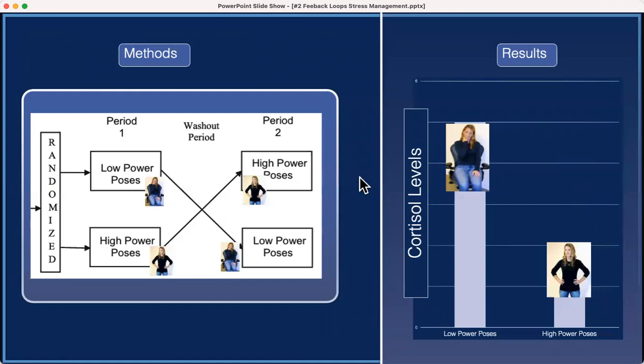The results showed that with low power poses, where you're getting very small, you actually have increased levels of cortisol, whereas the high power poses drop the level of cortisol in your bloodstream.